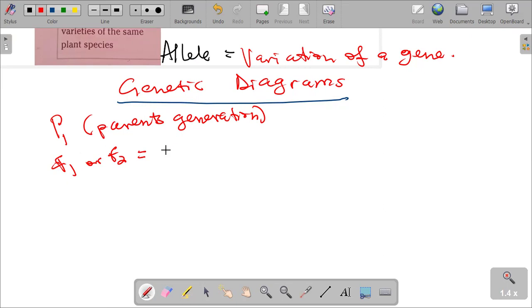If it is F1, it represents the first filial generation.